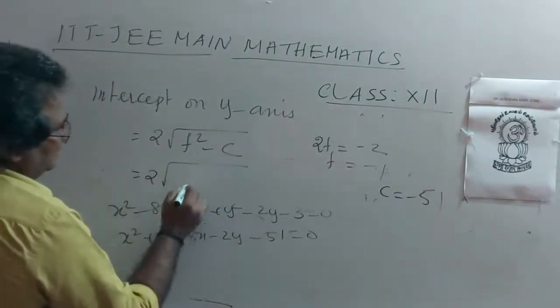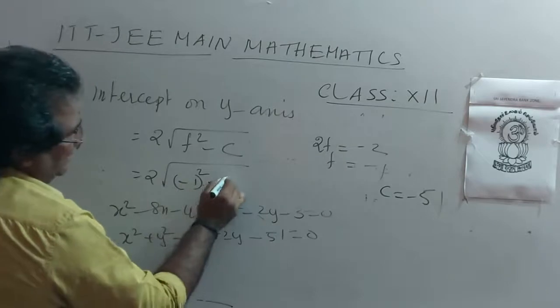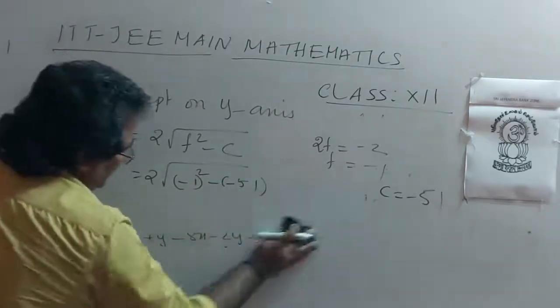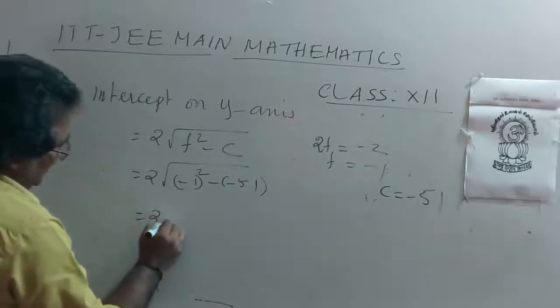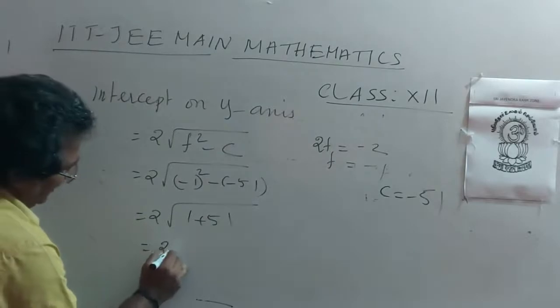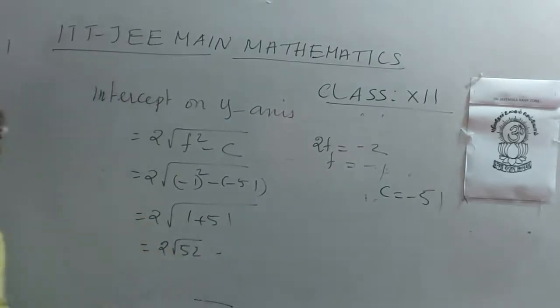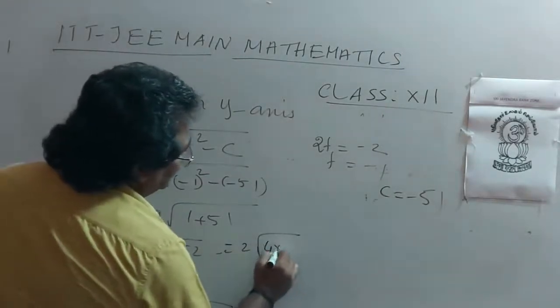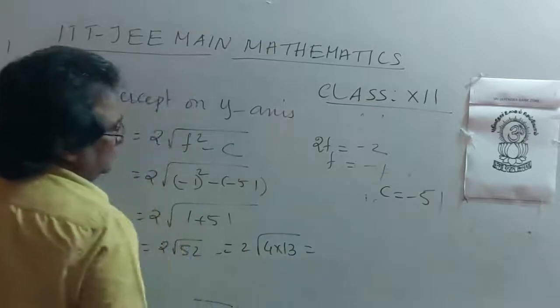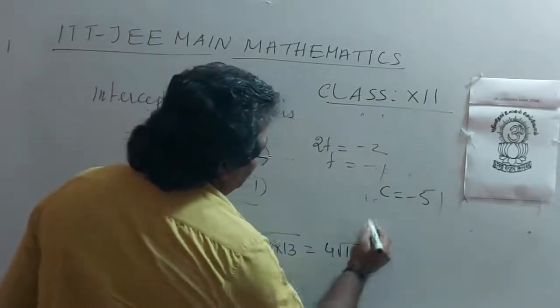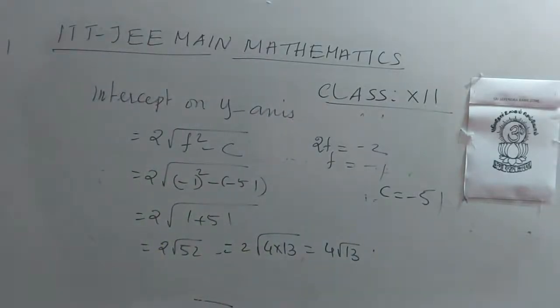Twice root of (minus 1) whole squared minus (minus 51). Twice root of 1 plus 51. Twice root 52. 2 into root of 4 into 13. 4 root 13.